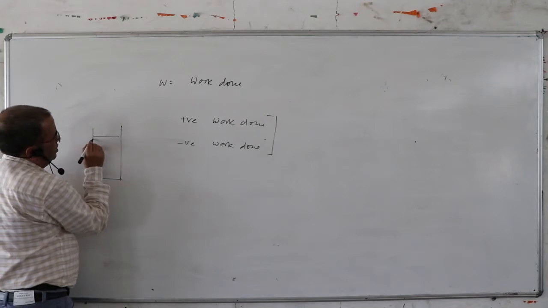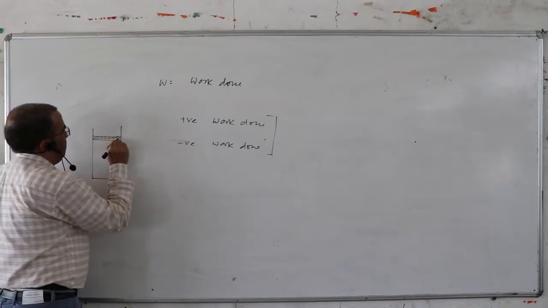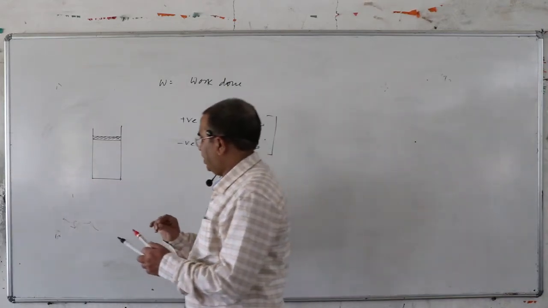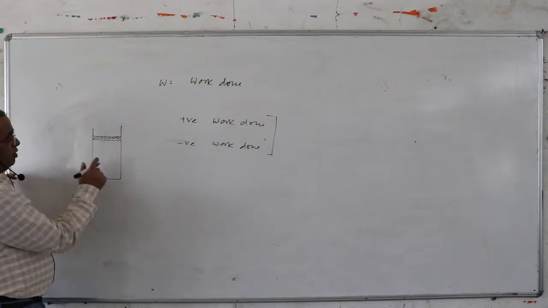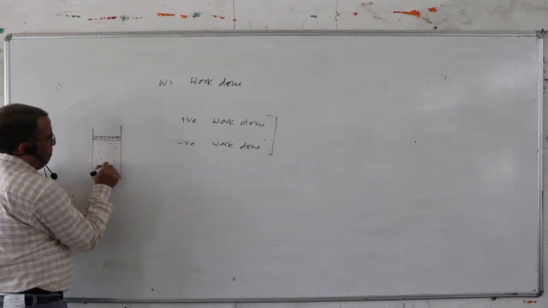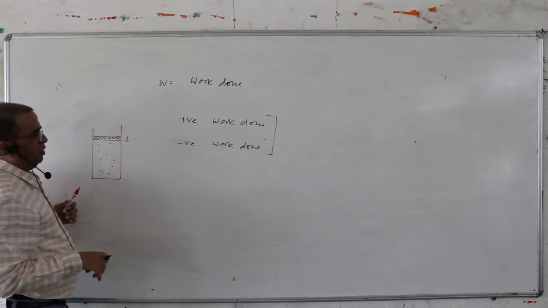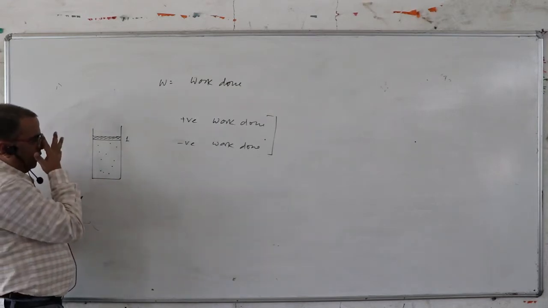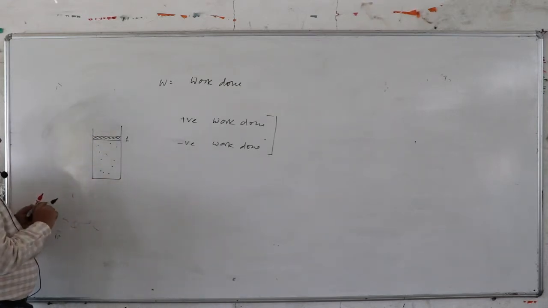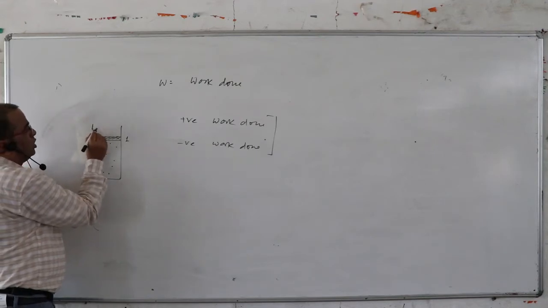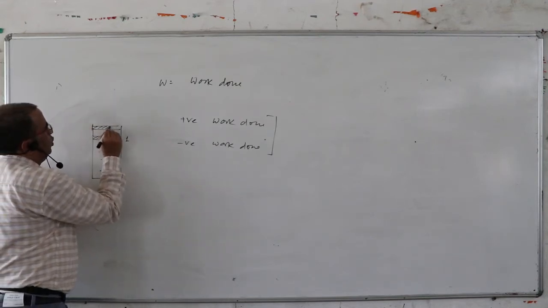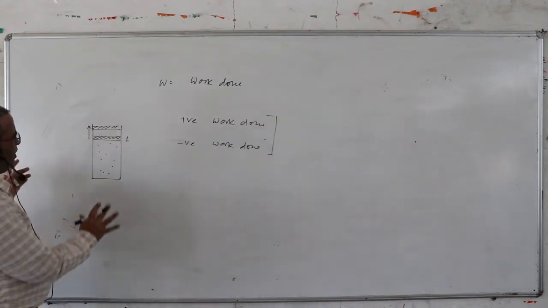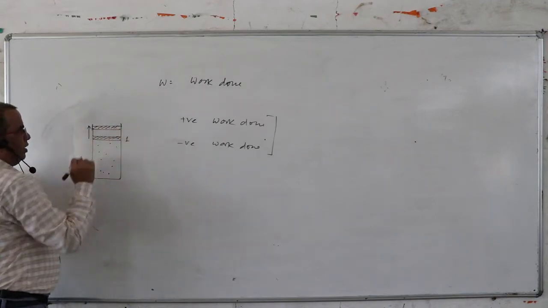Say we have taken some gas in a container. The piston was at position 1, and by any process, say I supply heat, the piston displaces up slowly.